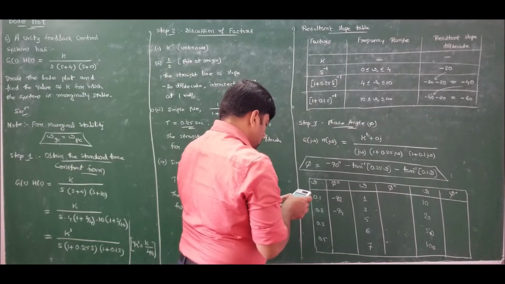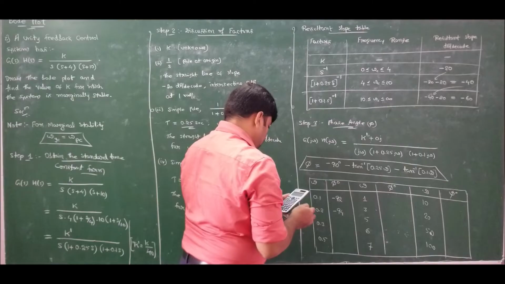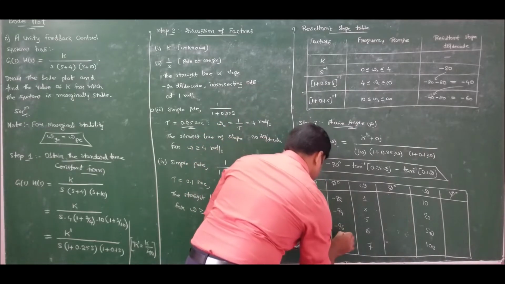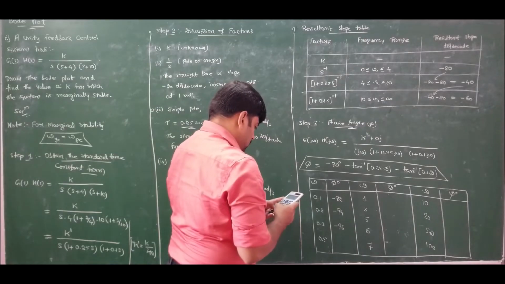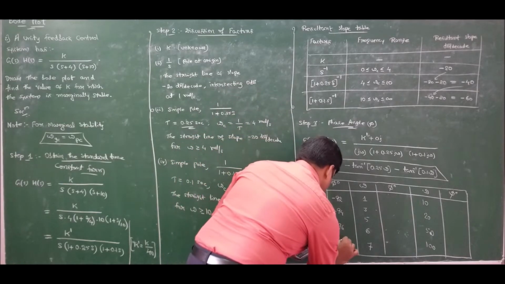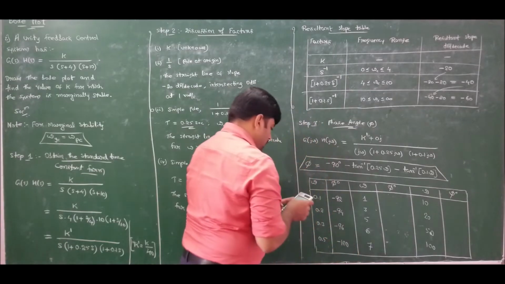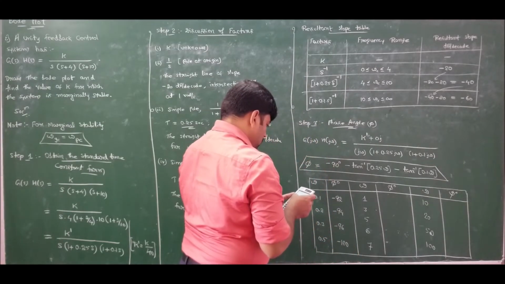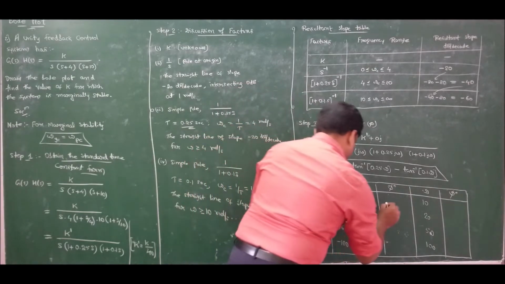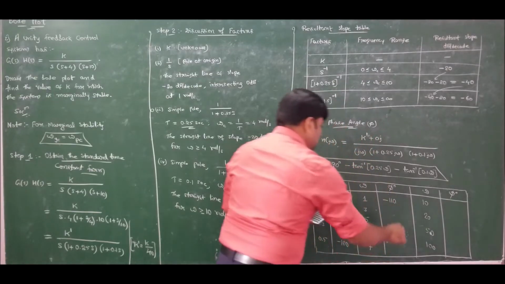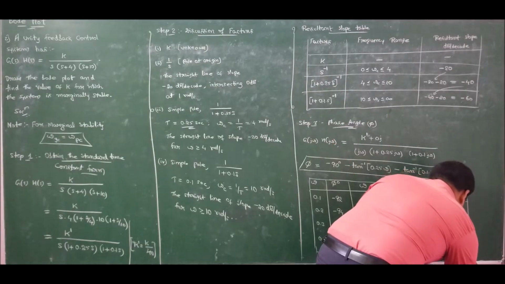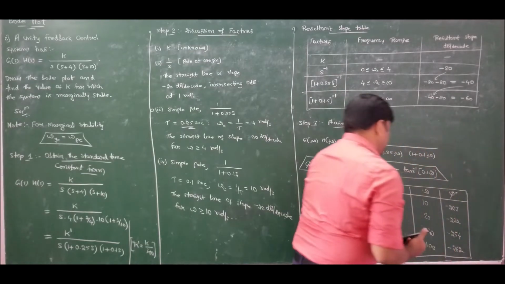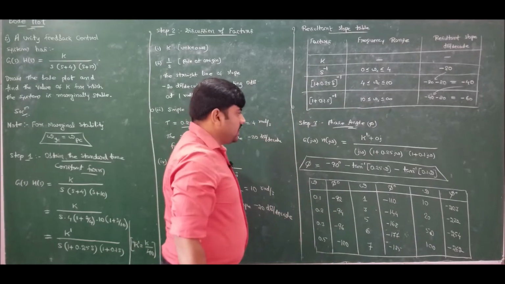For 0.3, minus 96 degrees. For 0.5, minus 100 degrees. For 1, minus 110 degrees. Like that you fill up the table. For 100 I got minus 262. So this completes the phase angle table.